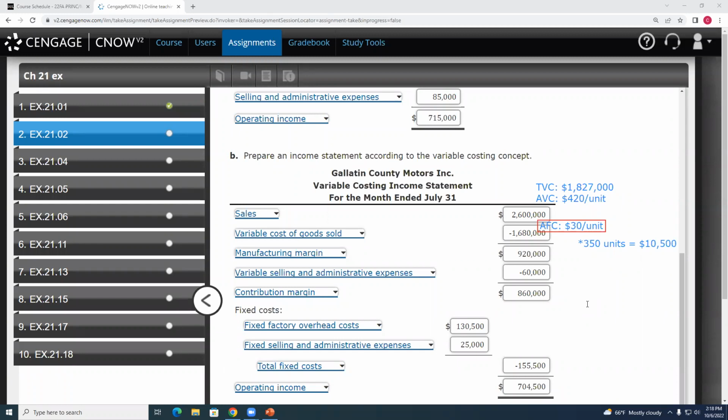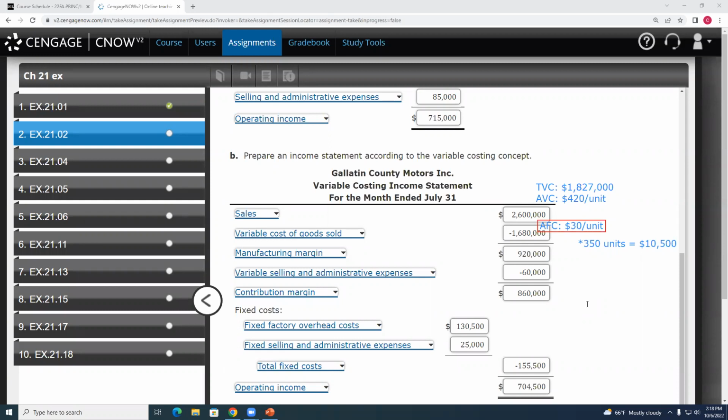We added 350 units to ending inventory that were not there before. Each one of those 350 units under absorption costing carried with it, or absorbed, $30 worth of fixed cost. And that's the difference between the operating income under absorption and variable costing.